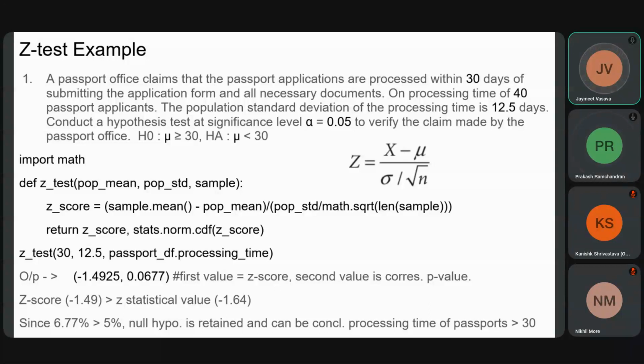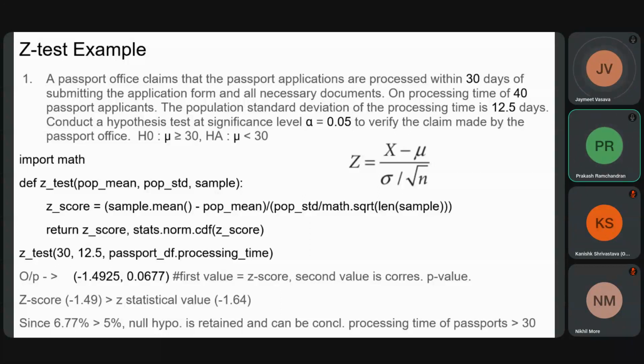So 6.77% is greater than 5%, the alpha value that we have taken. So the null hypothesis is retained and it can be concluded that processing time of passport is greater than 30.